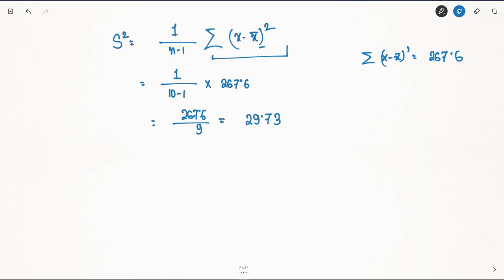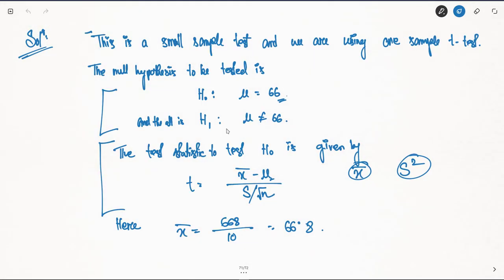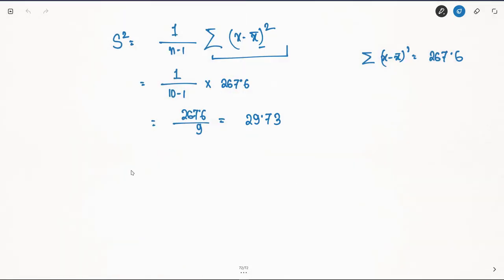But in the formula, we need the value of s, right? S divided by root n. That means we need to take the square root.